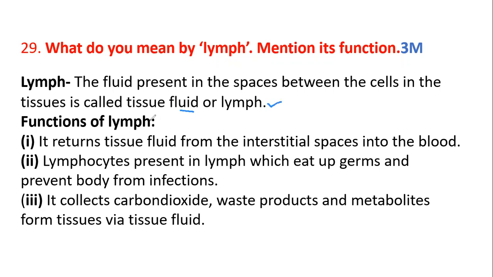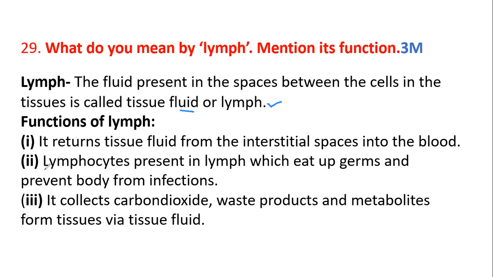What are the functions of lymph? The first one, it returns tissue fluid from the interstitial spaces into the blood. Wherever the necessity is there, according to the necessity, it diffuses into that part. Next, lymphocytes present in lymph eat up germs and prevent the body from infection.